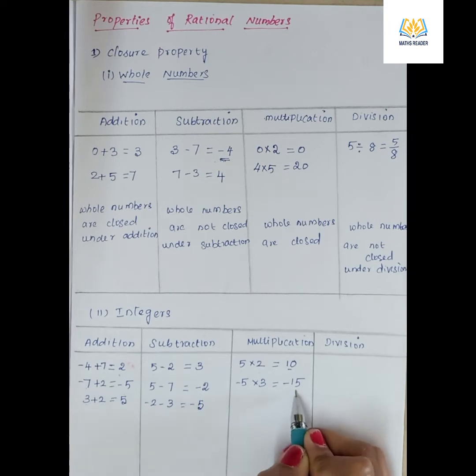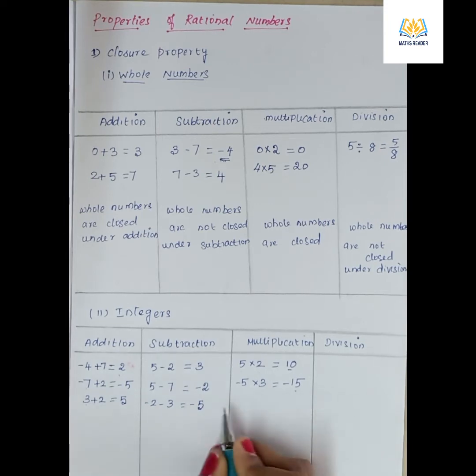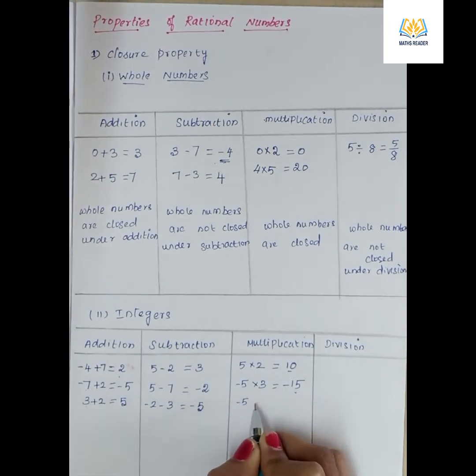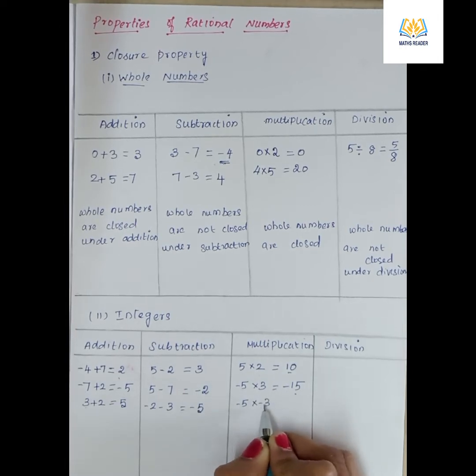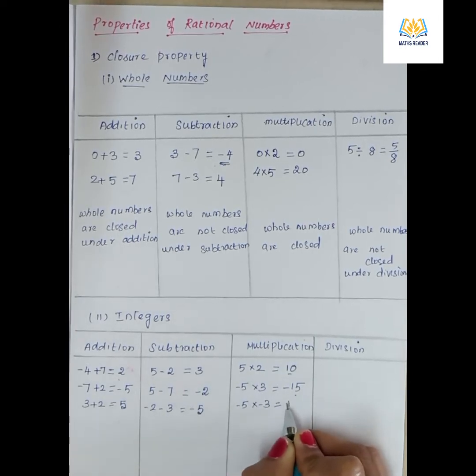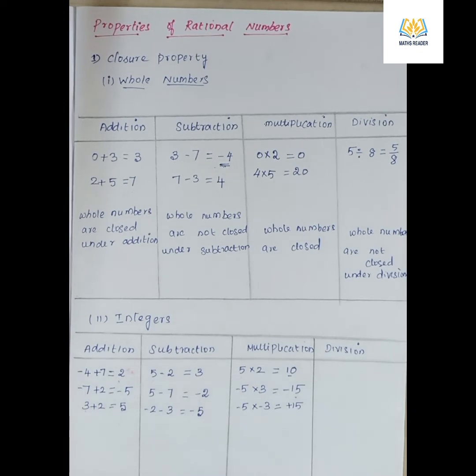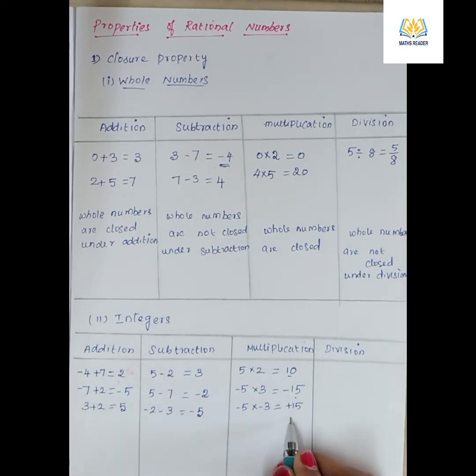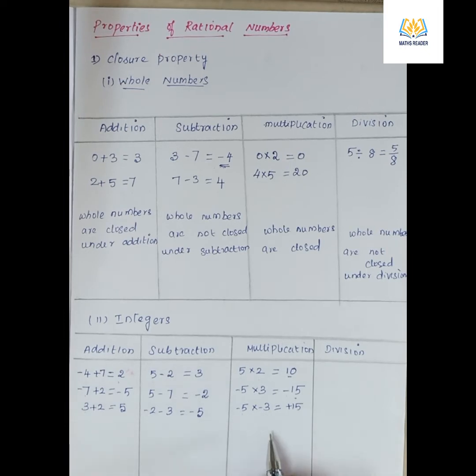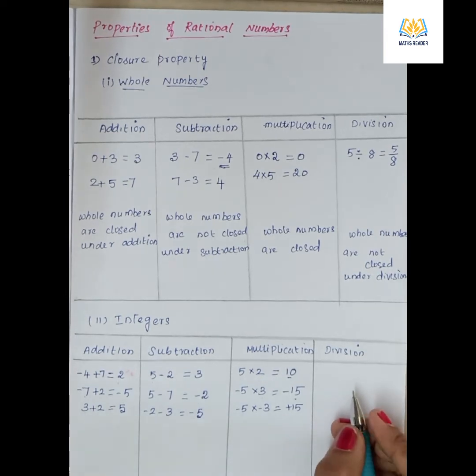The answer -15 is also an integer. Next, -5 into -3. The answer is +15. So this is also an integer: -3 is an integer, 15 is an integer. So integers are closed under multiplication. Multiplication also satisfies the closure property.